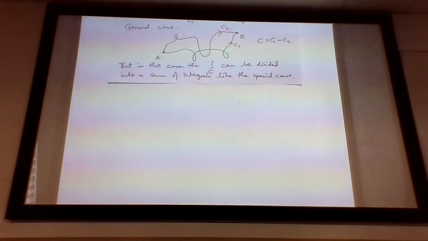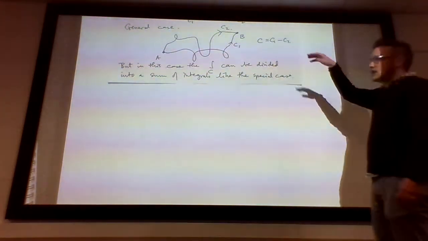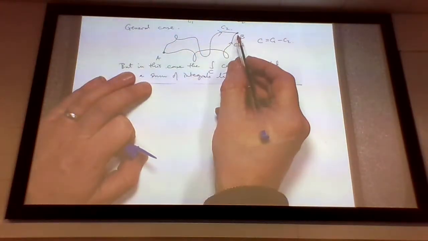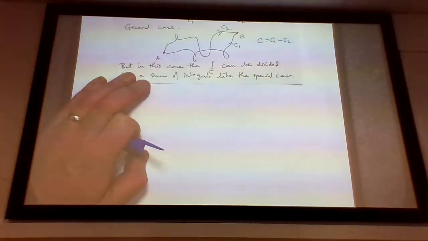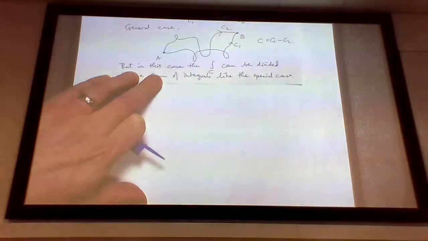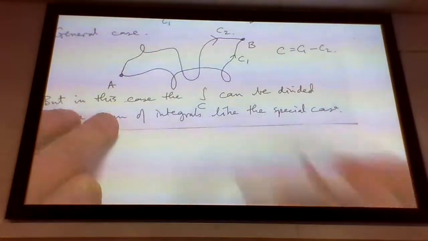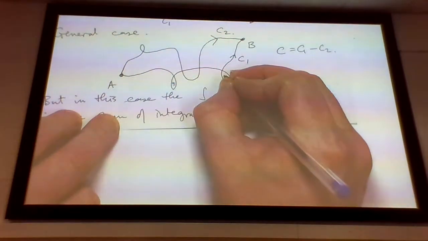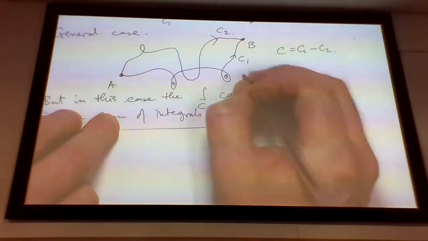So what am I talking about there? Remember, one of the properties of integrals along curves is you can subdivide up the curve in any way, and subdivide the integral as the integral along this bit of the curve plus the integral along that bit of the curve, and so on. So if we want to integrate along C1 and come back along C2, for instance, in these small little loops, we could just consider the integral around these little loops.